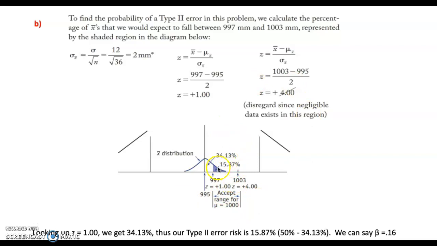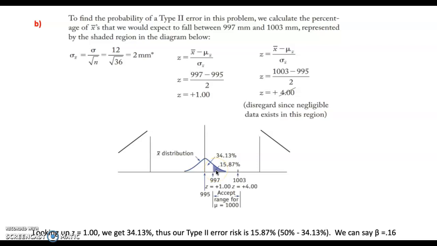and we can find the area less than this z value, the less than 1 area. So when you look at your z table, you can see that z equal to 1 gives 0.3413, which is this area over here, 34.13%. And when you subtract it from 50, you will get this small area, 15.87%.